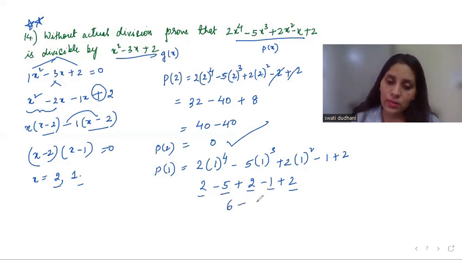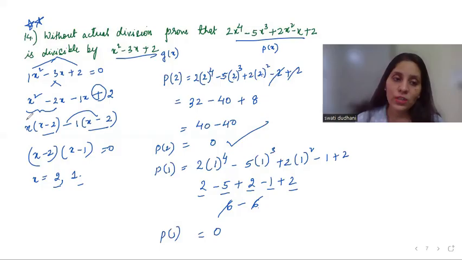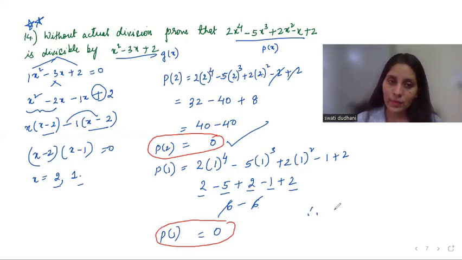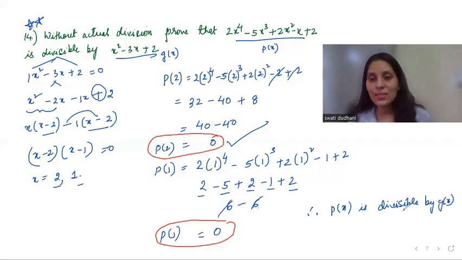Minus 5 minus 1 is minus 6. Plus 6 minus 6 cancel. So this is also 0. Which means P of 2 is 0, P of 1 is also 0. Therefore, P of x is divisible by G of x because the remainder is 0.